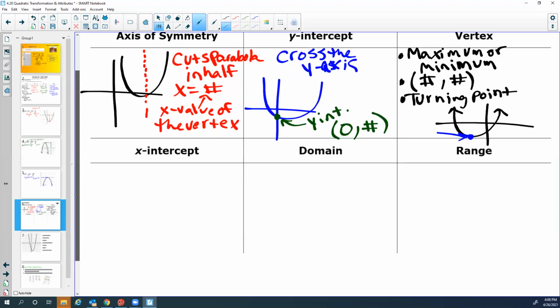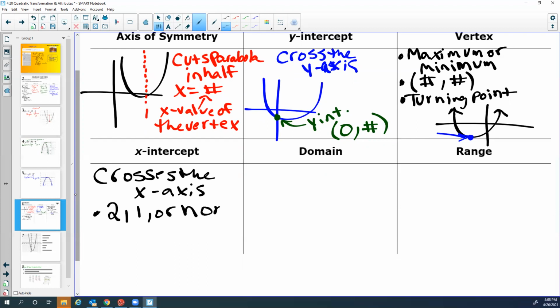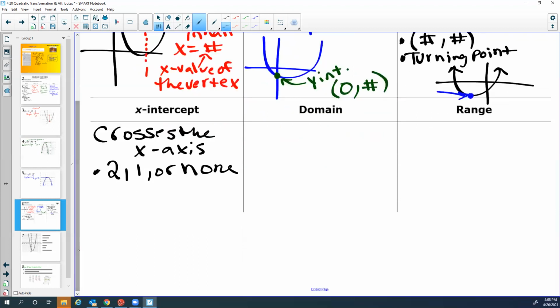Next, we come up with the x-intercept. The x-intercept is where, as you know, your parabola crosses the x-axis. You can have 2, 1, or none when it comes to your x-intercepts. If you have 2, it's going to look like this.